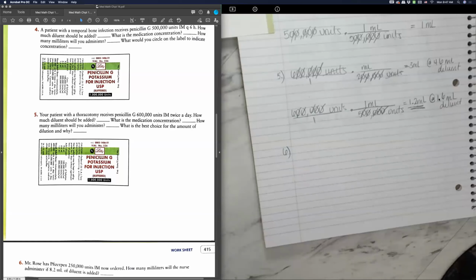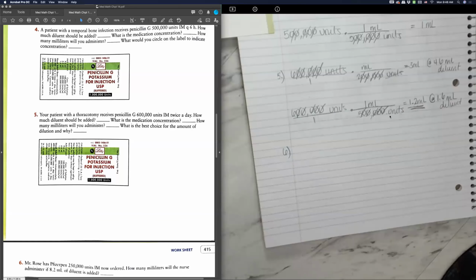We should add 1.6 milliliters of diluent. What is the medication concentration? When I add 1.6 milliliters of diluent, my concentration is 500,000 units per milliliter. How many milliliters will you administer? I'm going to administer 1.2 milliliters per dose.